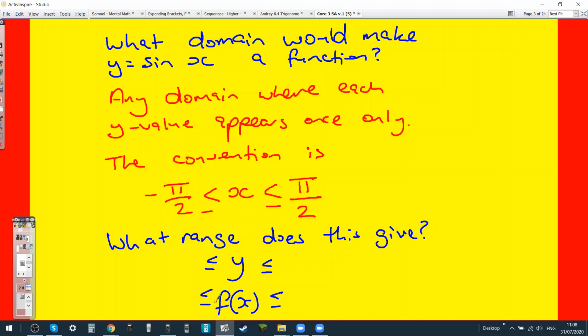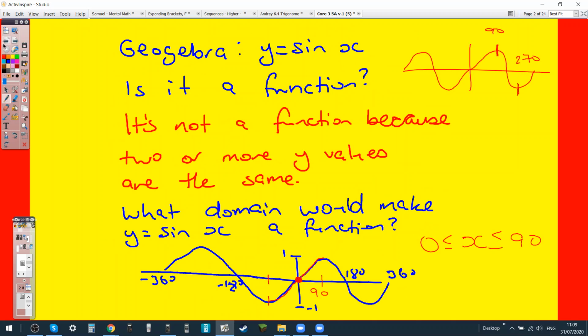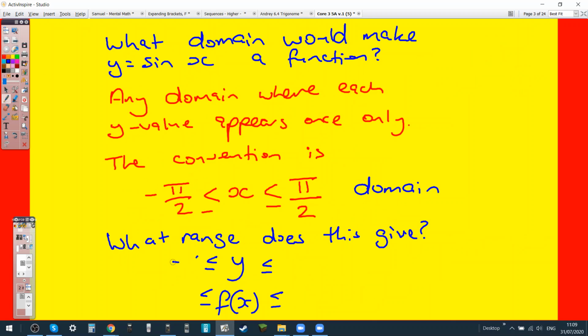So what would the y coordinates be? Would I have to do minus pi over 2 to see what the y coordinates would be? Yep. So minus 1 and 1? Yeah, that's it. So that would give the full range.